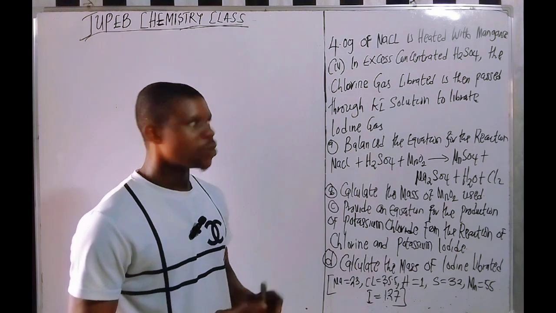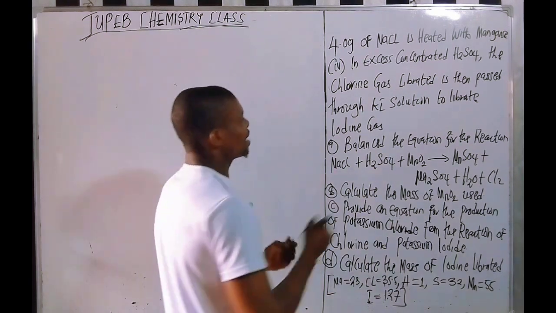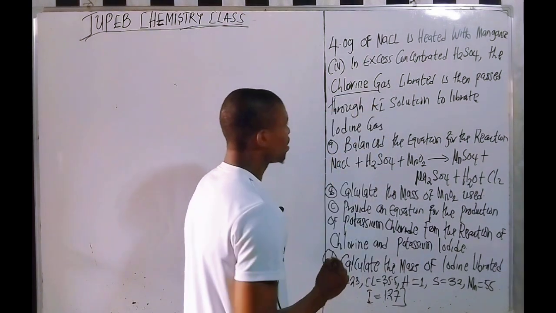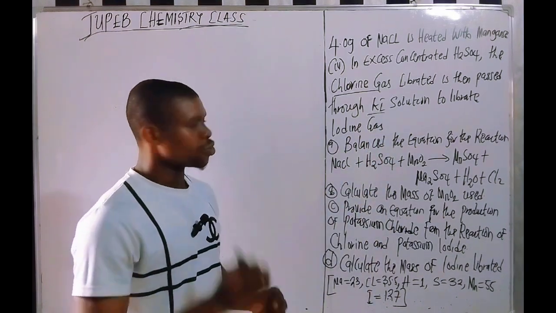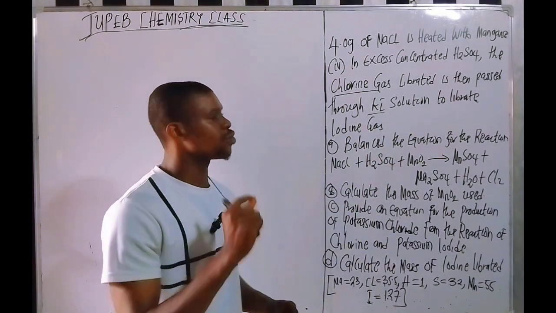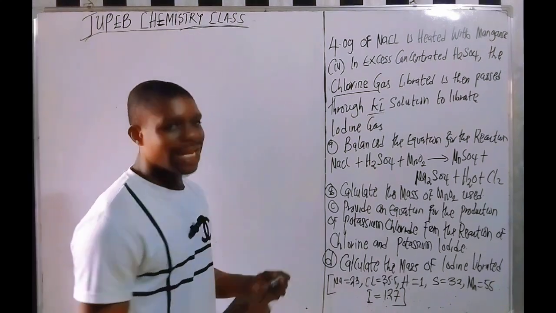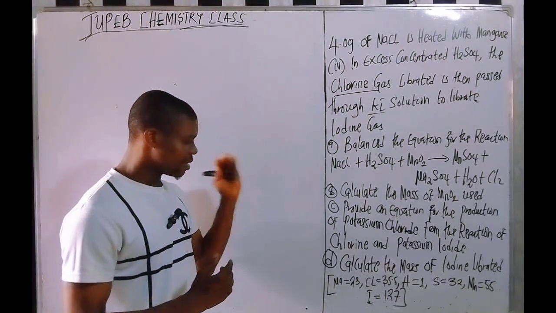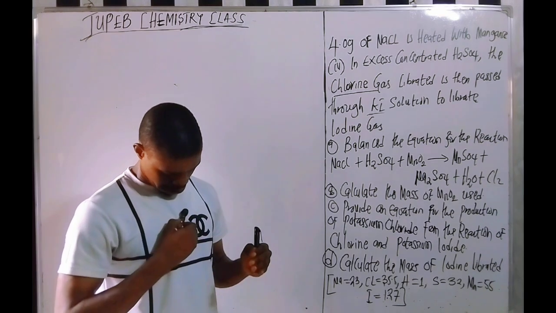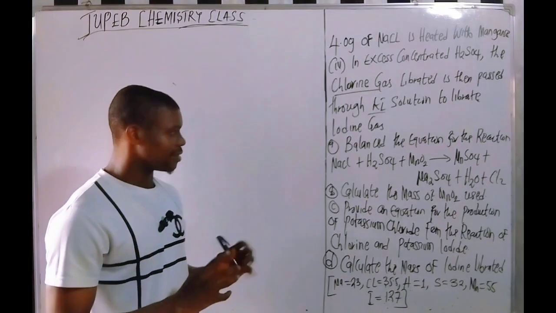Can you see that? So they gave us the mass of sodium chloride. Now let's look at the question parts, because here we have A, B, C, D.